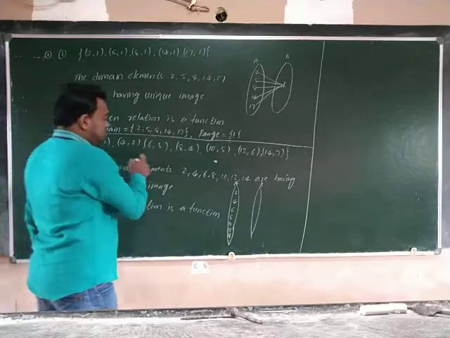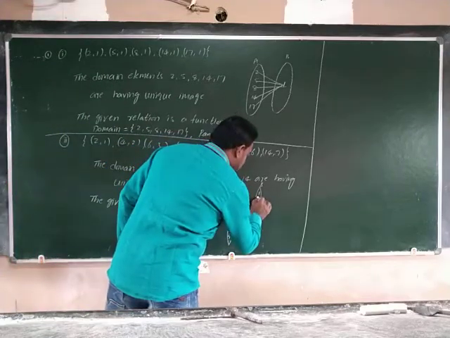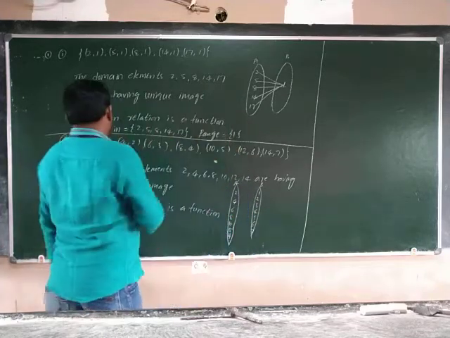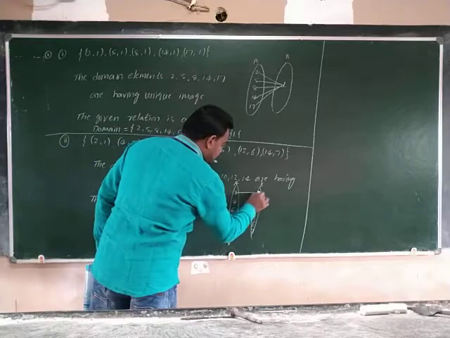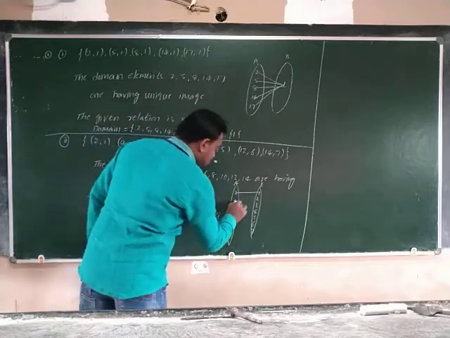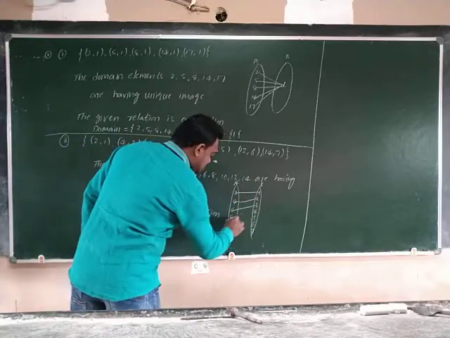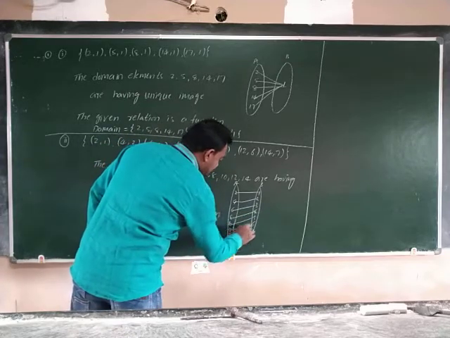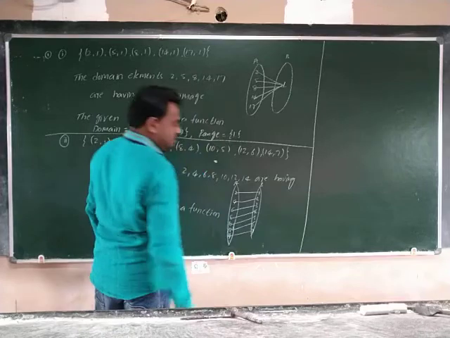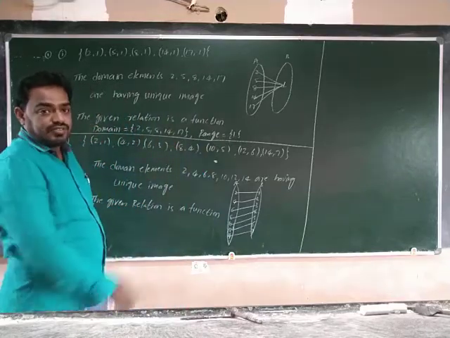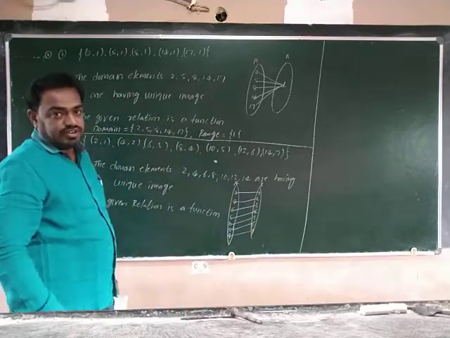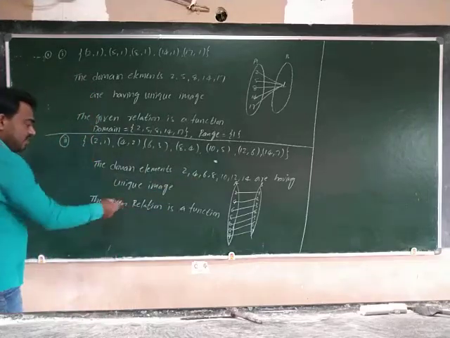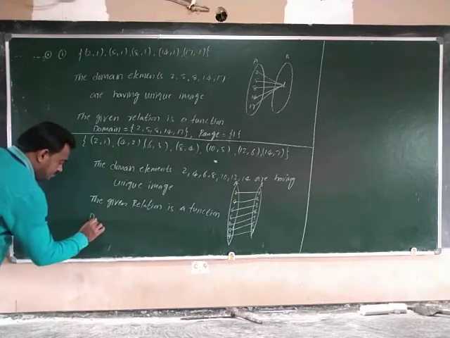For the second one, the range elements are 1, 2, 3, 4, 5, 6, 7. 2 is related with 1, 4 with 2, 6 with 3, 8 with 4, 10 with 5, 12 with 6, 14 with 7. So all have unique images, so it is a function. What is the domain of this function?